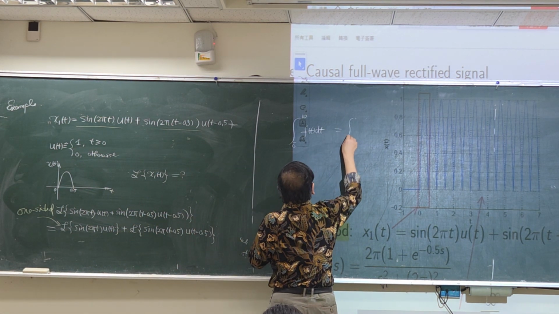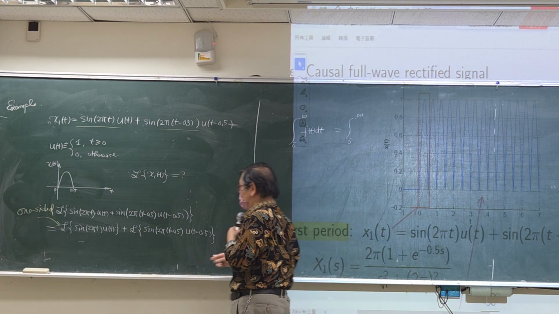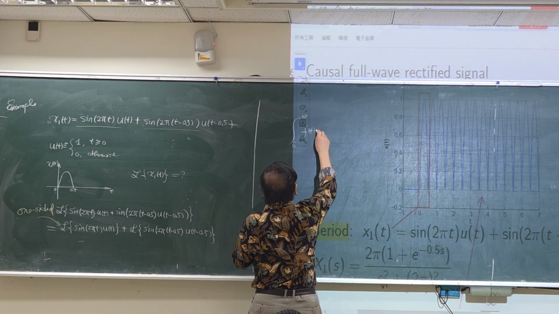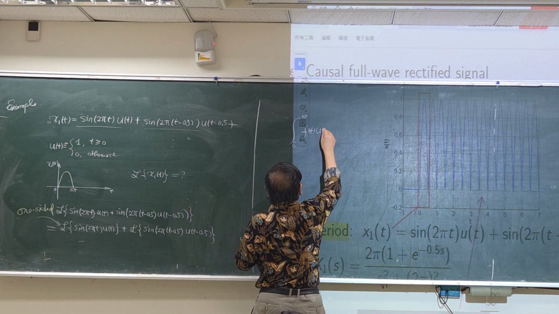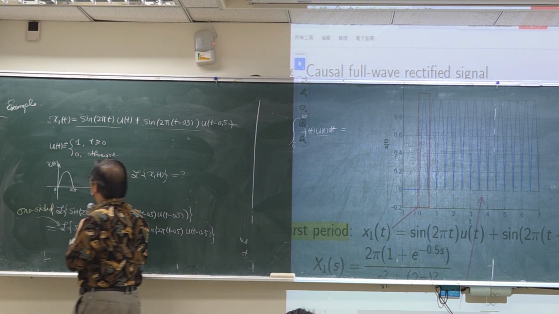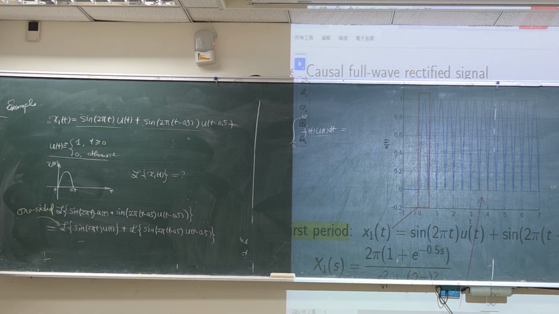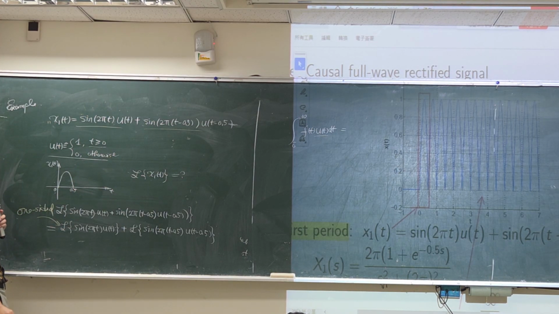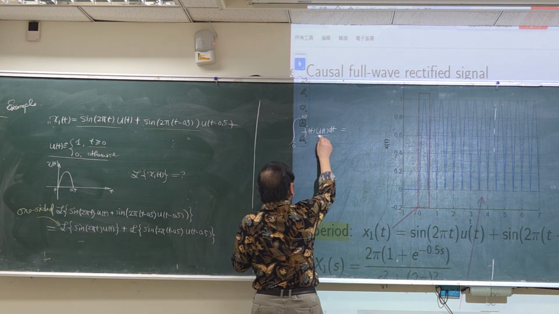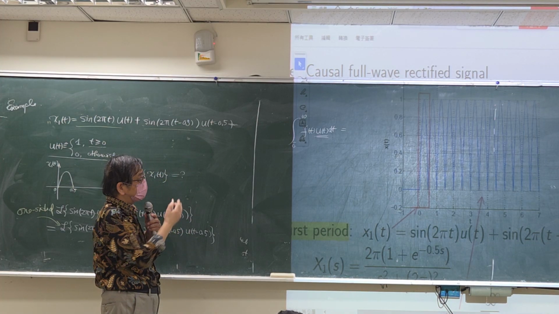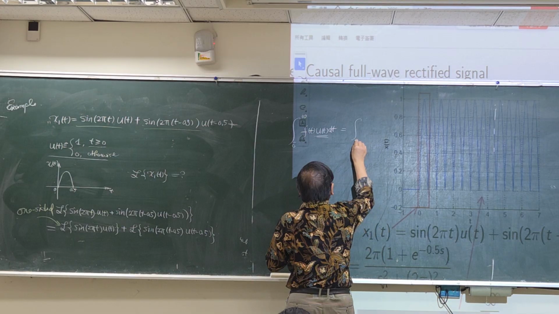If we define the unit step as u of t, the function value equals 1 when t is bigger than or equal to 0, and for t less than 0, u of t is 0, right? So actually this u of t does not have any influence on the integration, so we can simply throw it away.